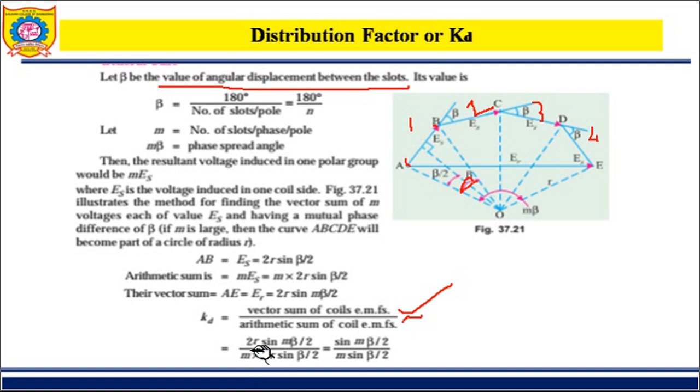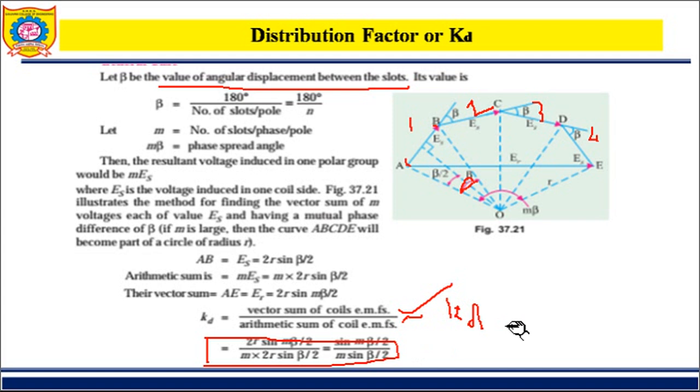From this figure we can say the formula is designed like this: Kd equals sine of m beta by 2 divided by m into sine of beta by 2.